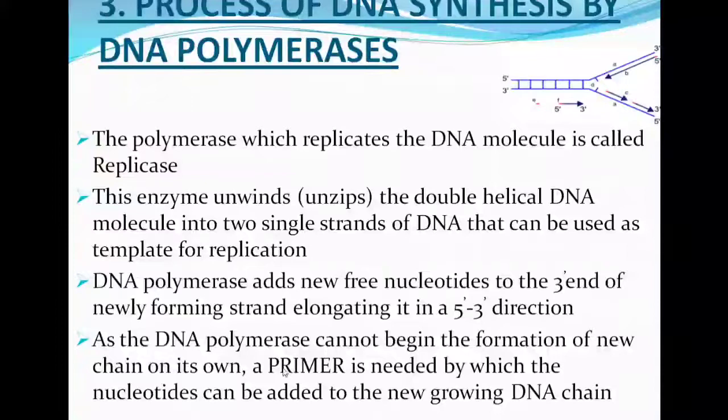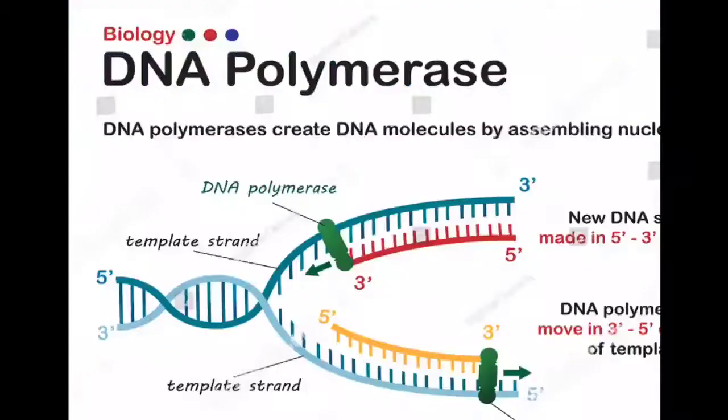As I told, the DNA polymerase cannot begin the formation of a new chain on its own, or de novo. It requires a short nucleic acid sequence, which is called a primer, for the elongation of the new DNA chain.